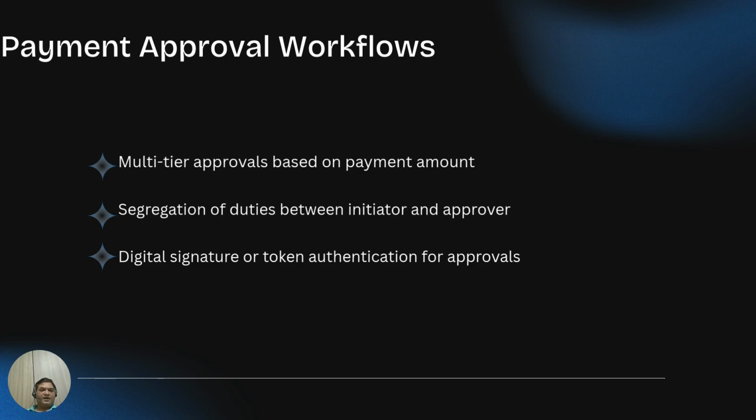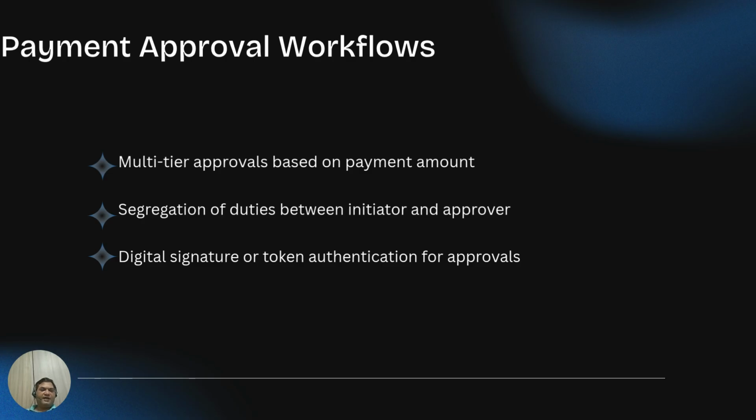And then the final step here is digital signature and token authentication for approvals. A lot of banks have a digital signature authentication process where the approver does not have to sign a physical form or go to the bank for approvals.